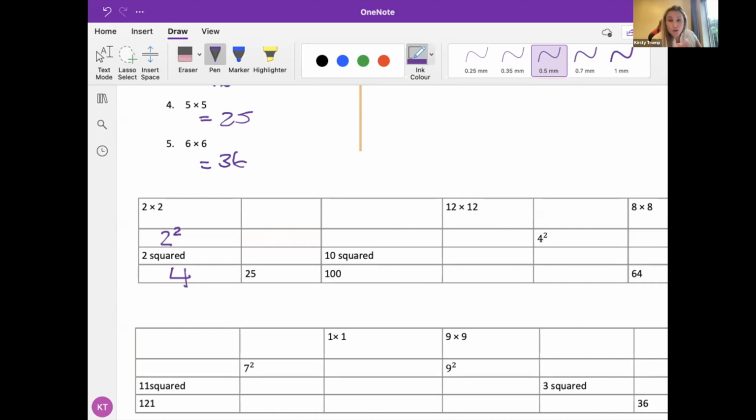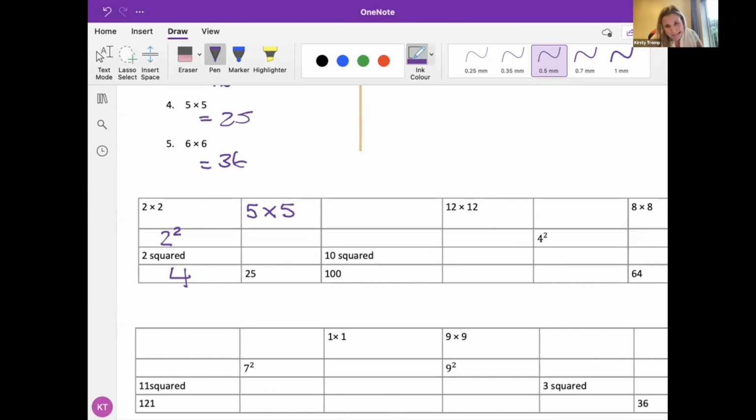All right. So now we're going to work backwards a little bit. We're going to take 25. We know that 25 is the same thing as saying what? Well, if I go all the way back to the beginning, in number 4, we saw 25 was the same thing as saying 5 times 5. Sometimes I like to cheat a little bit.